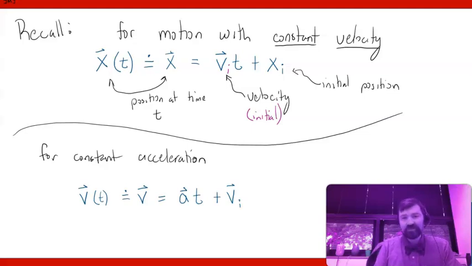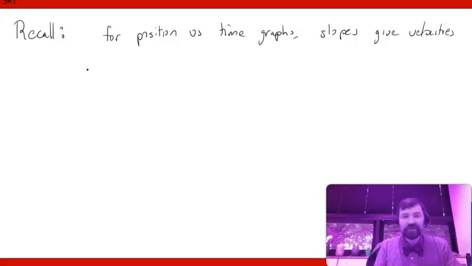Another thing to note about acceleration is that, as I've said before, it's a rate of change. So you can get it from the velocity versus time graph. Recall that for a position versus time graph, the slope gave us the velocity.